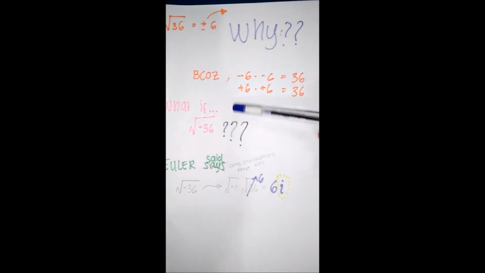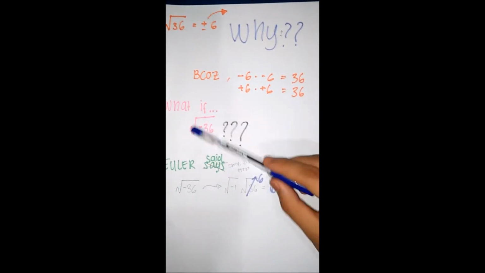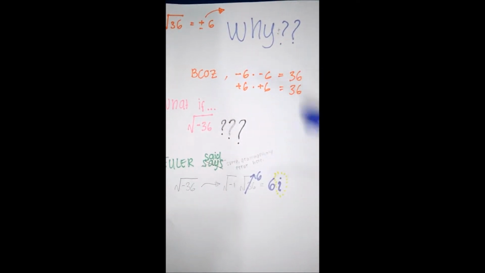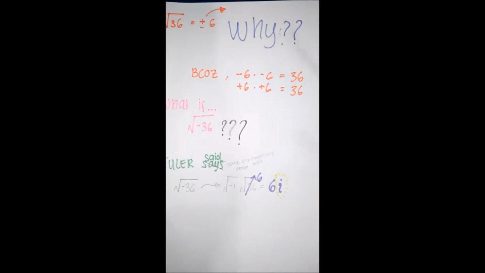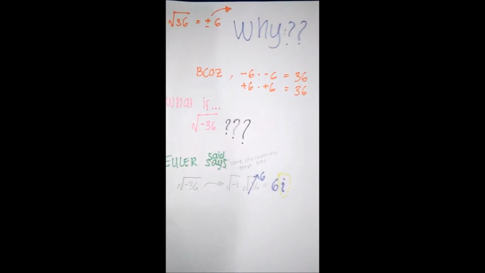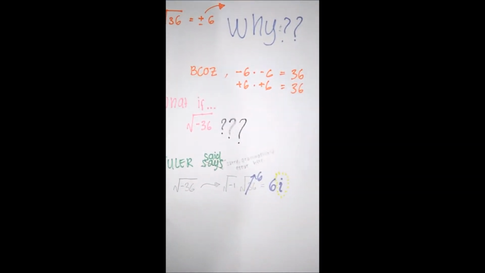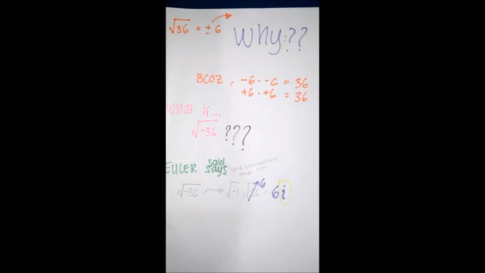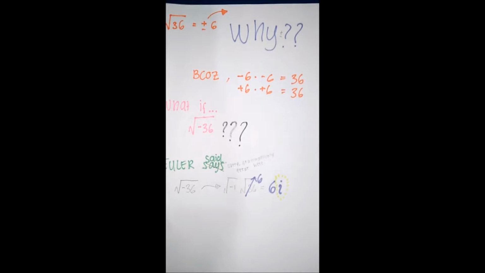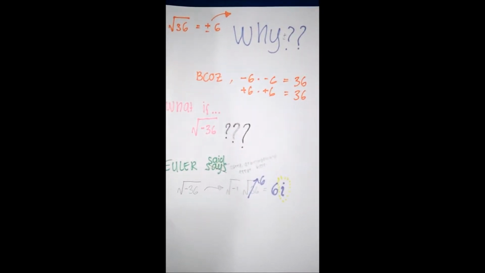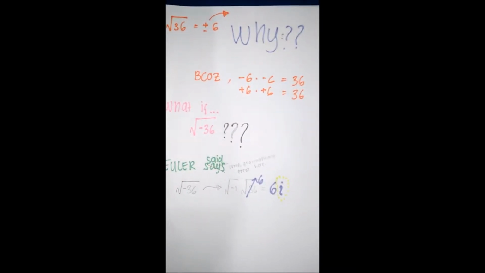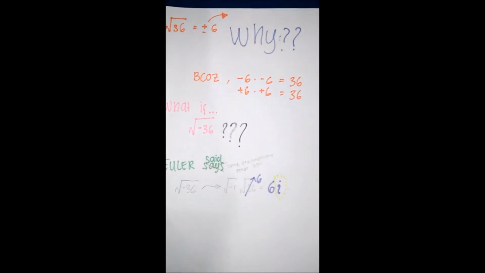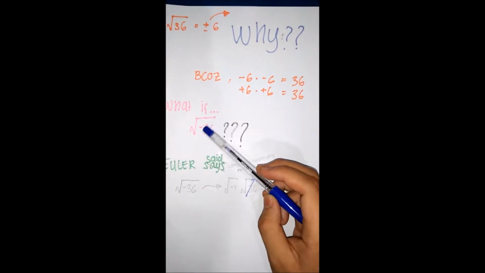So what if I ask you, what is the answer for the square root of negative 36? As we all know, the purpose of the square root is to find the number where if we multiply the number by itself, it will result in the number inside the square root.